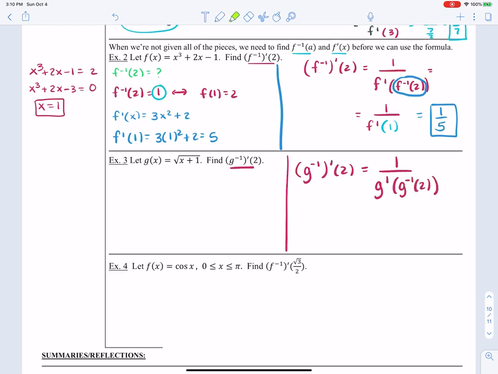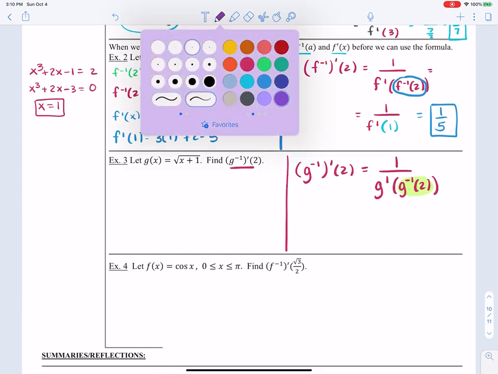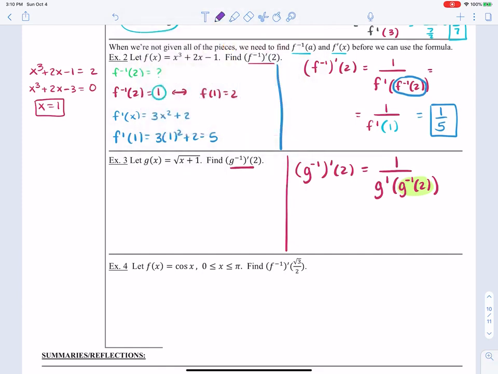So the first thing I know immediately is I need to find g inverse of 2. Okay? So if 2 is the x value on the inverse, it's the y value on the original function. So I'm going to take my original function and set it equal to 2. I'm going to square both sides and get 4 and find out that x equals 3.